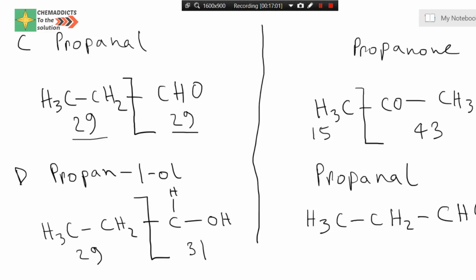If we break this molecule in this manner just like before, we will end up getting mass by charge ratio 29 and mass by charge ratio 29 in this part. So this fragmented molecule will have mass by charge ratio 29 and this fragmented molecule will have mass by charge ratio 29. As you can see here, this fragmented molecule of propan-1-ol matches with this fragmented molecule of propanol.